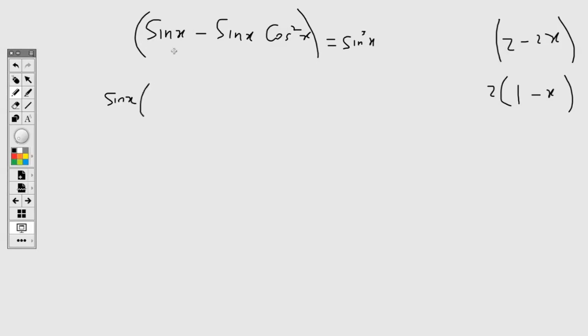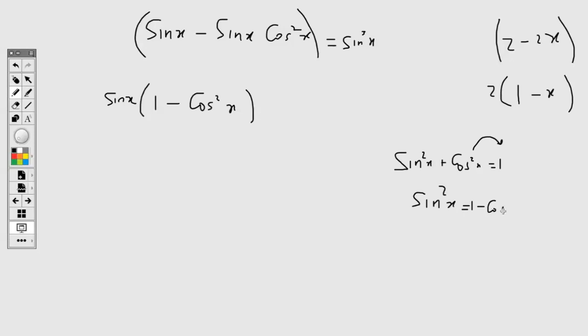When I factor out sin x, I'm left with 1 minus cos square x. Now this is an identity. So the identity that I can use is sin square x plus cos square x is equal to 1. So if I carry this over, then I have sin square x is equal to 1 minus cos square x.